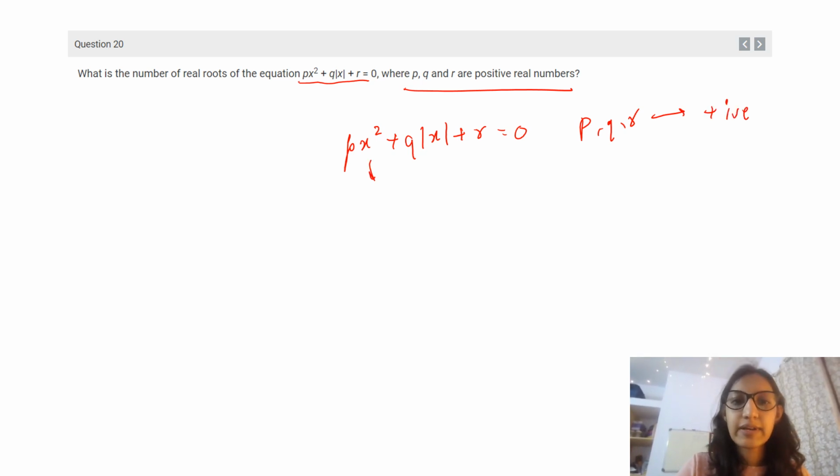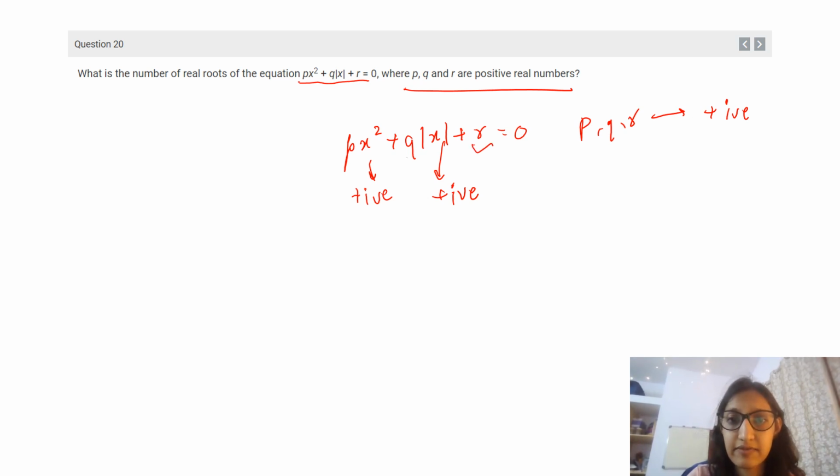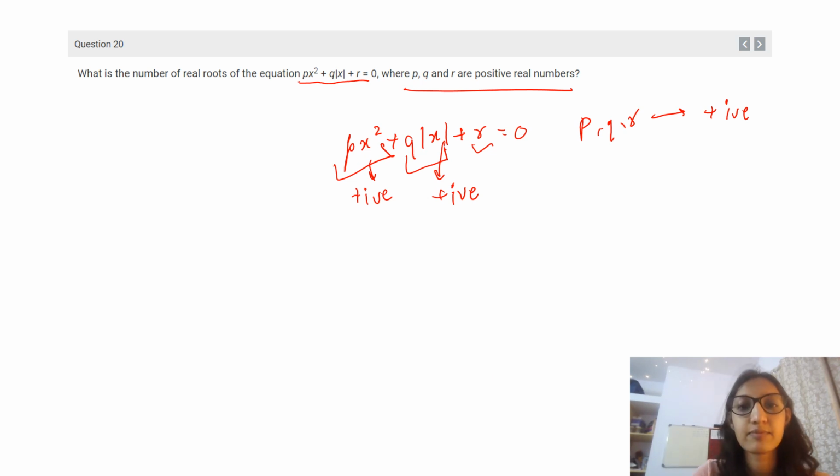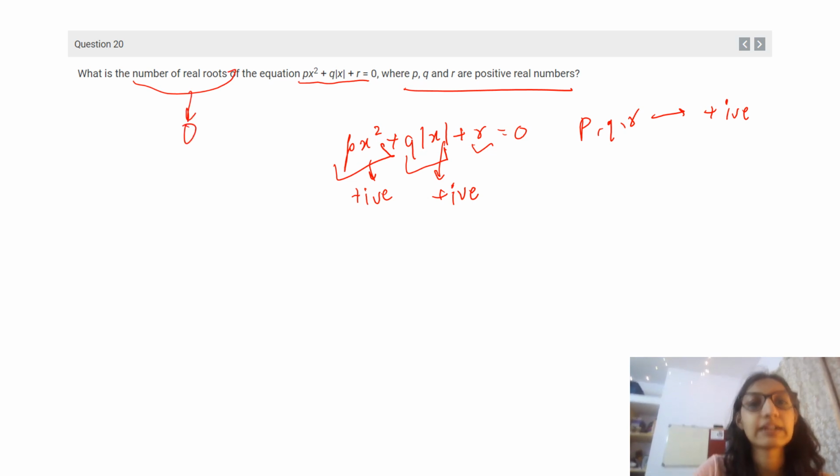Now your x square is definitely going to be positive, and your mod x is also definitely going to be positive. So when you talk about individual terms, this is positive, and this is also positive. So this is never going to happen that the sum of 3 positive real numbers is 0. Okay, so the number of real roots is 0.